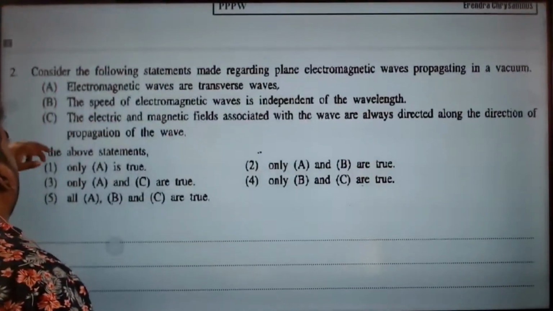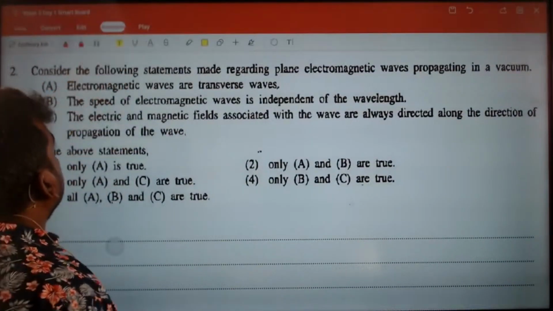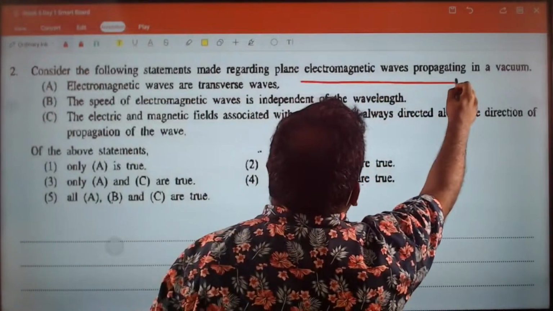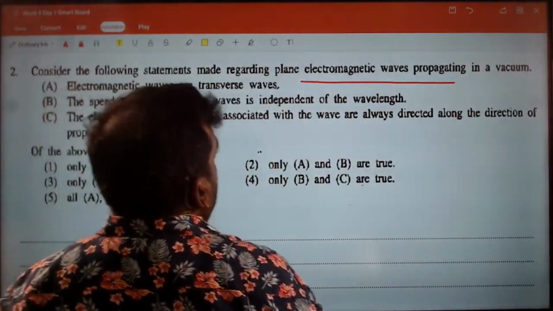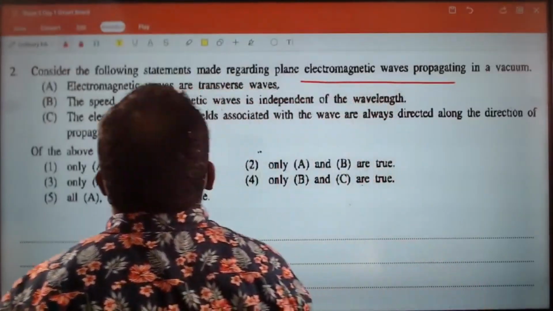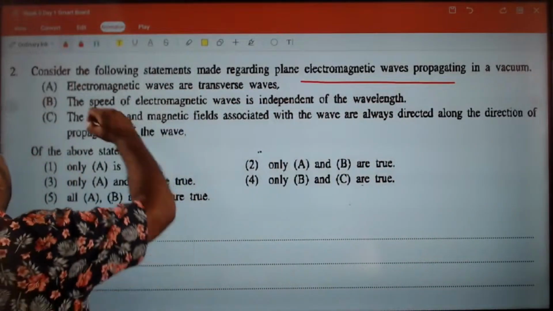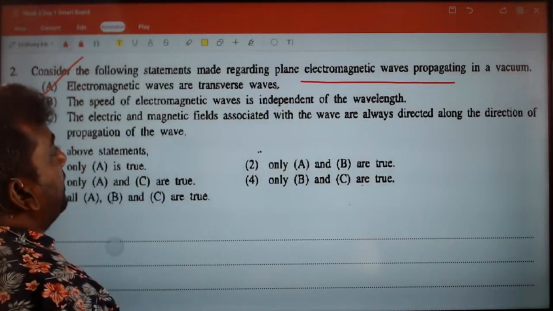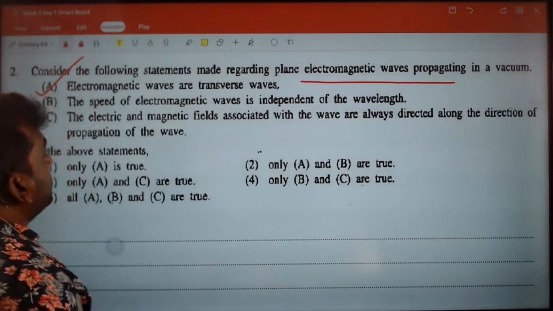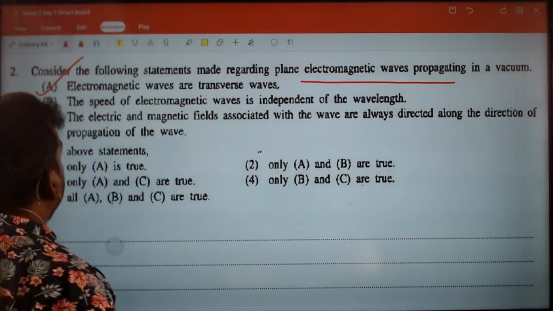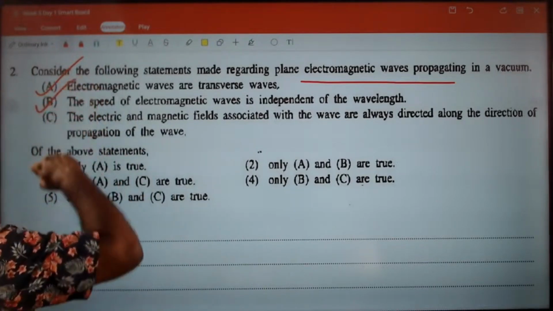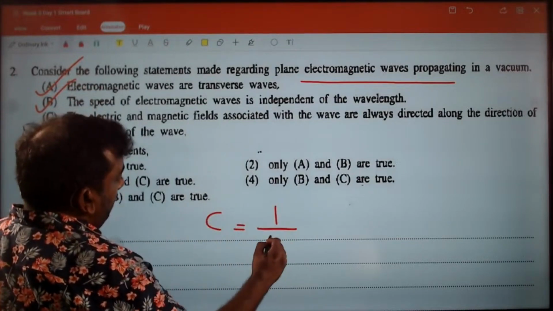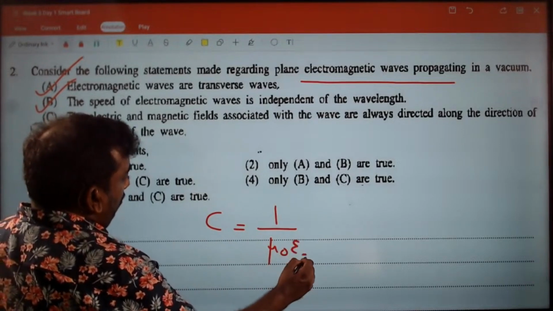Moving on. Consider the following statements made regarding electromagnetic waves propagating in a vacuum. Electromagnetic waves are transverse waves, correct. Speed of electromagnetic wave is independent of the wavelength, correct. Remember, speed of electromagnetic wave depends on 1 over the square root of mu naught epsilon naught.